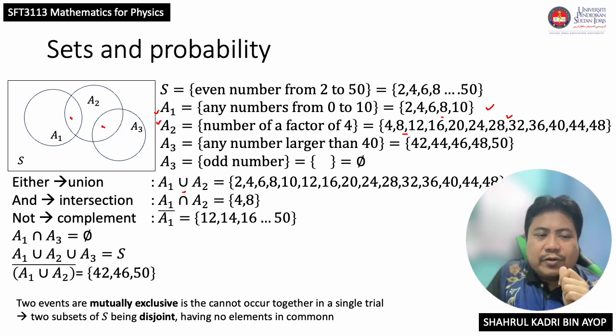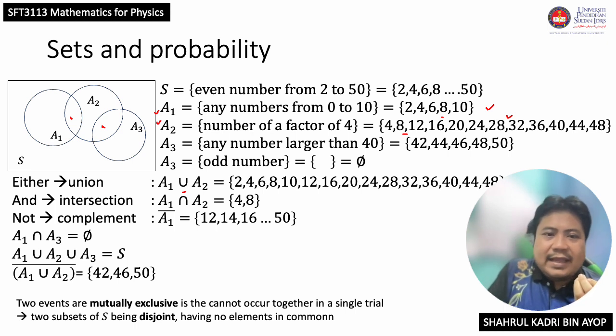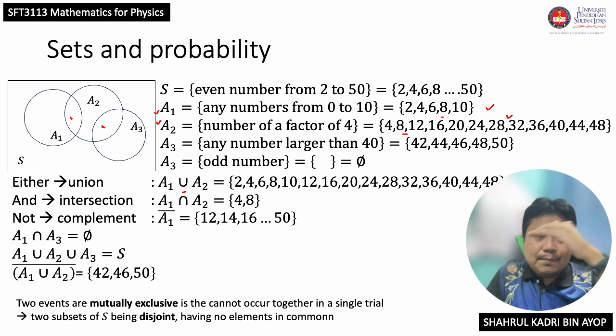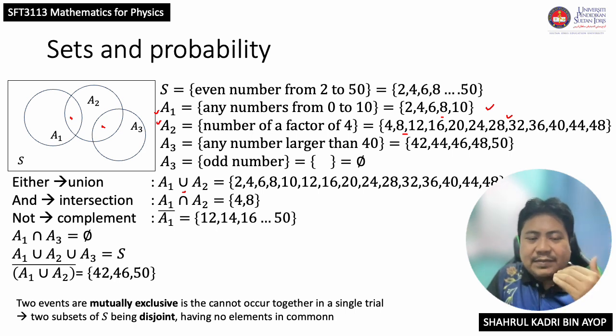So for not, that means other than A1. Other than A1, we can write it as A1 with a bar. That means this is not A1.